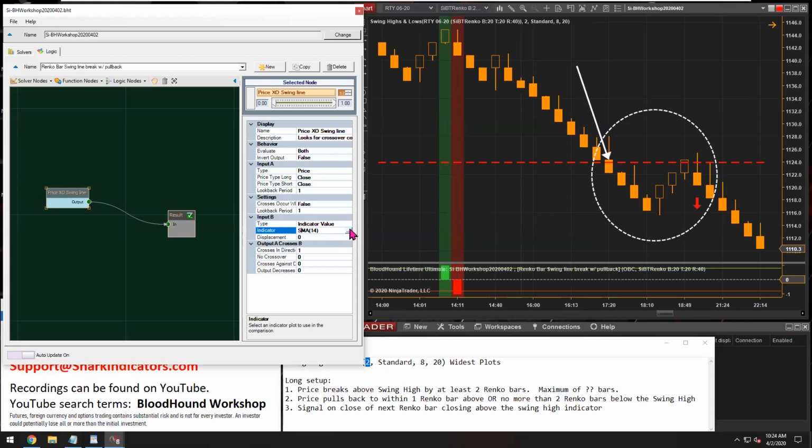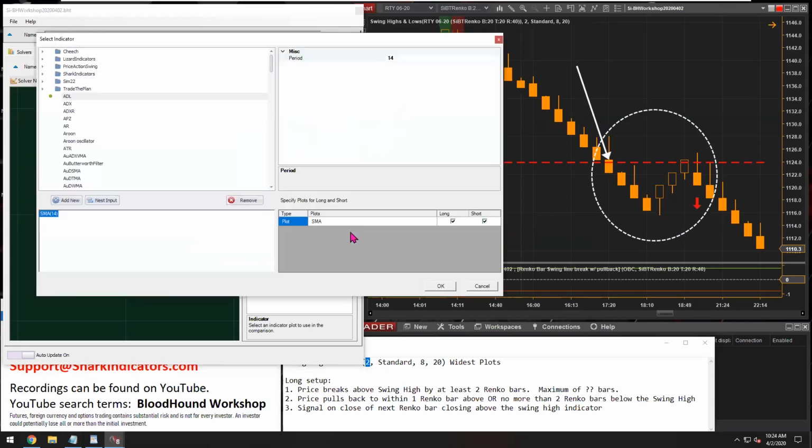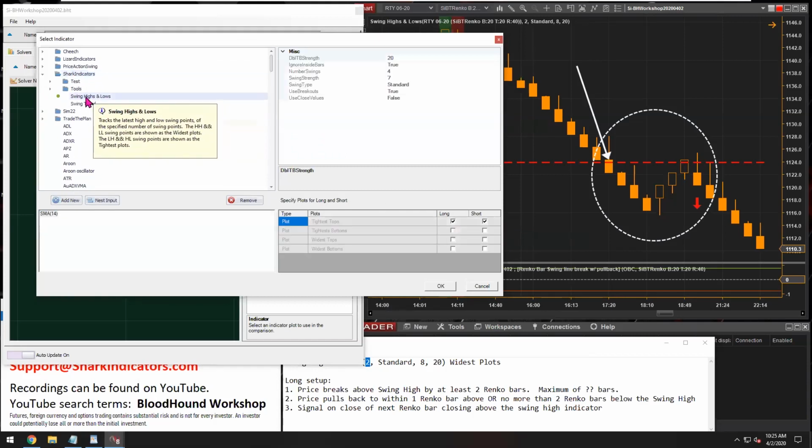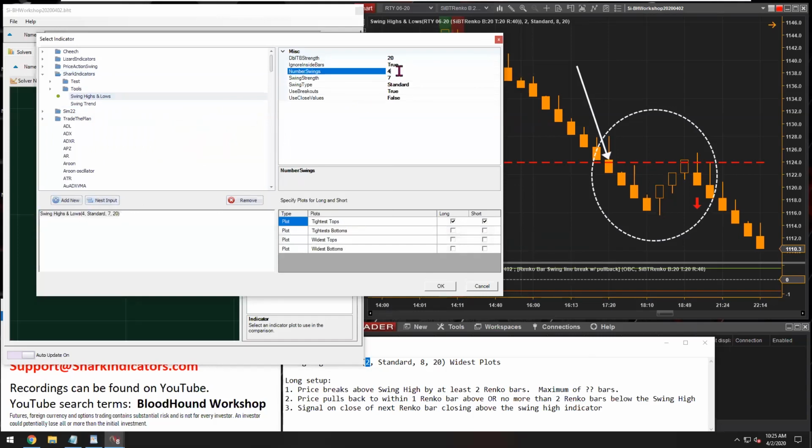So input B, let's change our indicator. We're going to open up the Shark Indicators folder, and there's the swings, highs, and lows. There we go. Now we need to adjust the settings. The number of swings was 2, and the strength was set to 8.